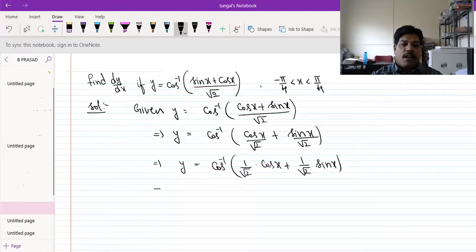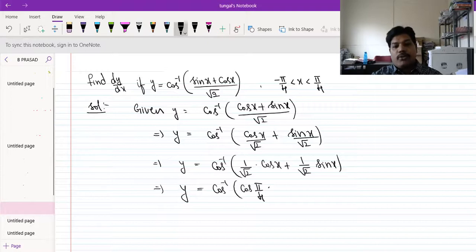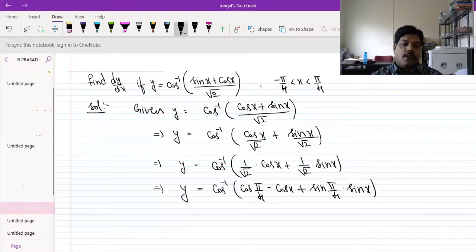So that implies y is equal to cos inverse of, I can write cos of pi by 4 into 1 by root 2, I have just written cos pi by 4, into cos x plus 1 by root 2, this time I will write sin pi by 4 into sin x.